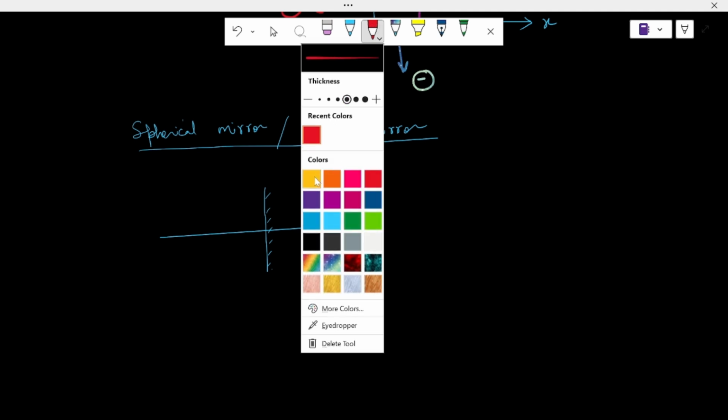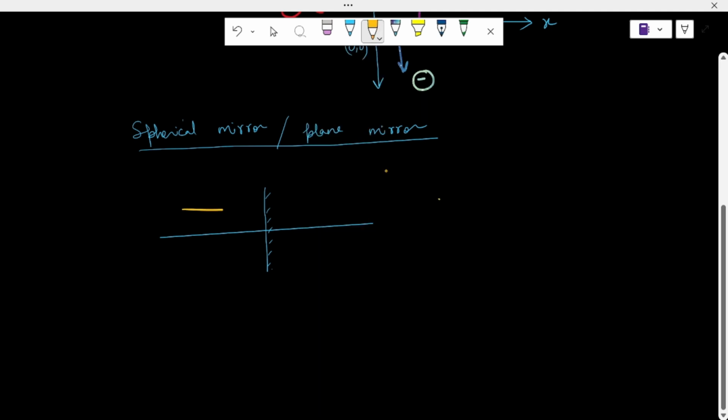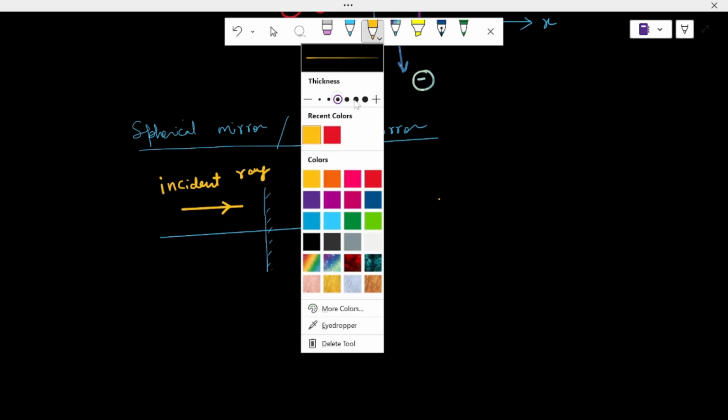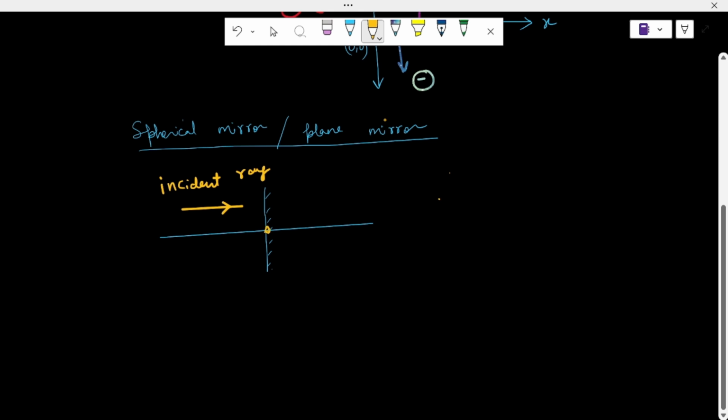This will be the direction of incident ray. The pole of mirror will be taken as origin.